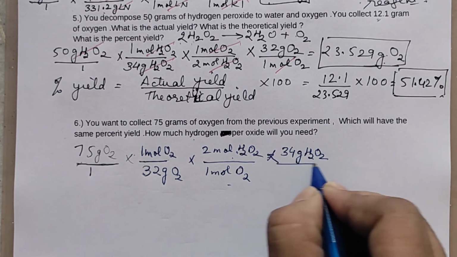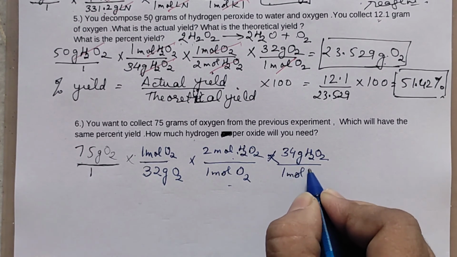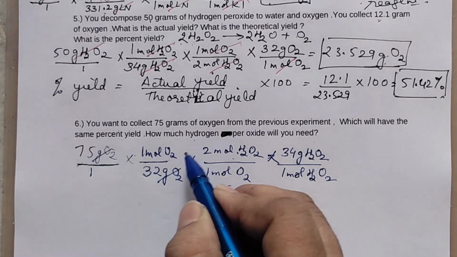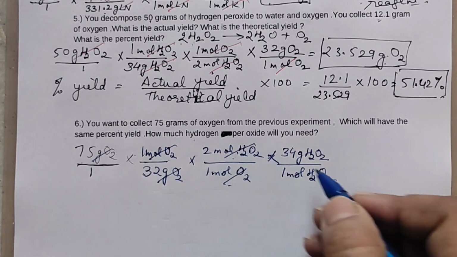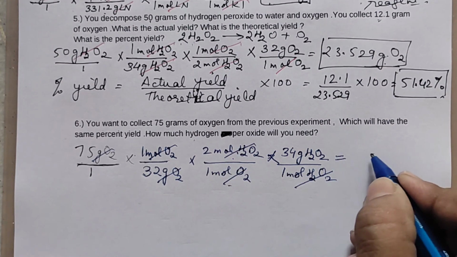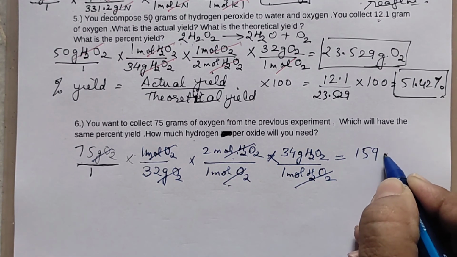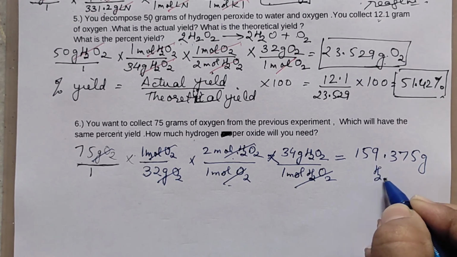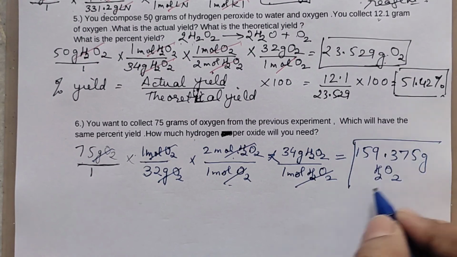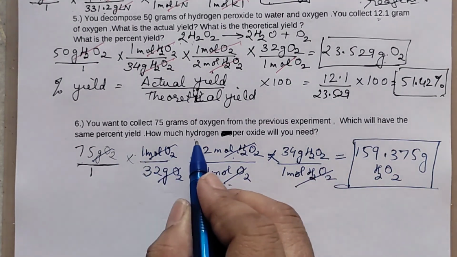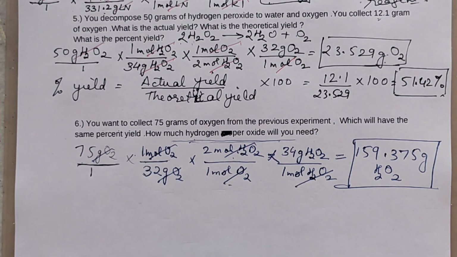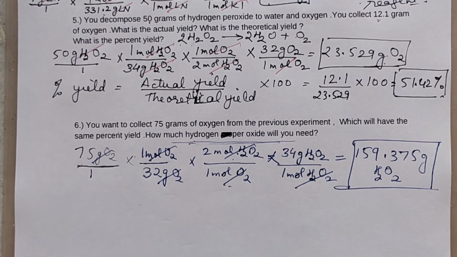So 34 grams of hydrogen peroxide is 1 mole of hydrogen peroxide. You can check, you can cancel out grams, moles of O2 and moles of H2O2. And when you solve it, you will get it as 159.375 grams. That means this much gram of hydrogen peroxide is required. This is this part of the question. How much of hydrogen peroxide will you need? This much you will require.